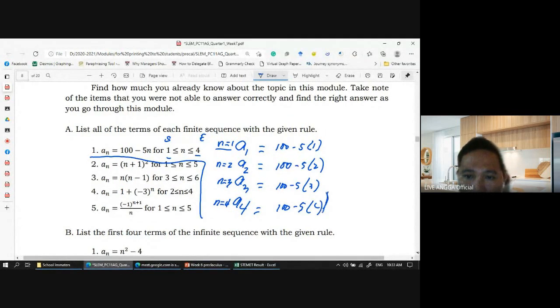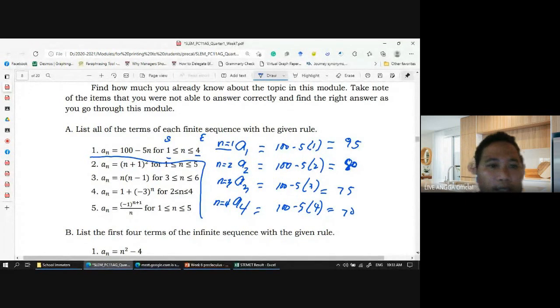Okay. So it means our sequence, actually sequence ito, hindi ito series, kasi series is a sum of sequences. So we have here 100 minus 5, that is 95, 90, 85, 80. So these are our sequences.